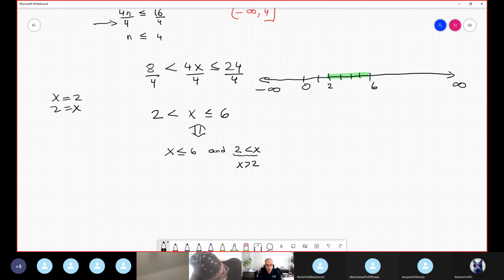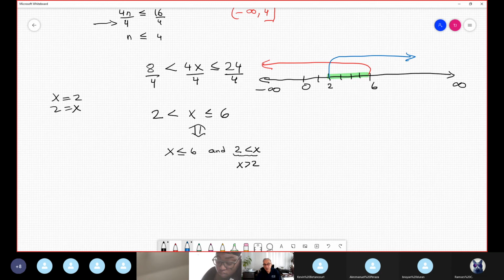But the most important thing I want to explain is that it's a bunch of numbers, for example, less than 6, so in that direction, and it's the intersection, coincident, both conditions, greater than 2, which is this. So the part where both intervals overlap, between the red part and the blue part, is obviously the part that I highlight in green color. Make sense or no?